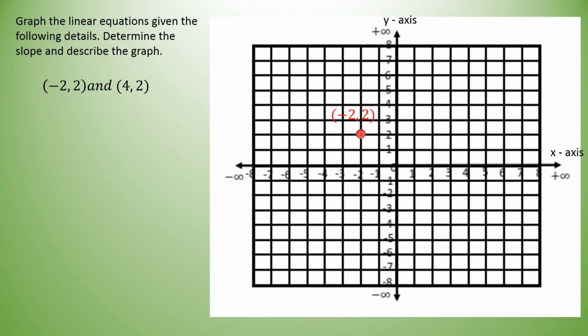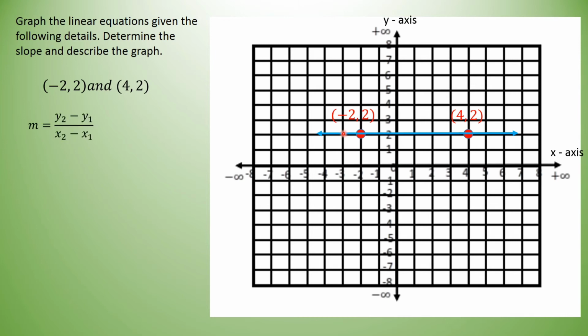Next, 4, 2, 4 on x-axis and then positive 2 sa ating y-axis. So, this is our second point. Okay? So, pwede na natin i-connect yung ating points using a straight line. So, this is our graph.